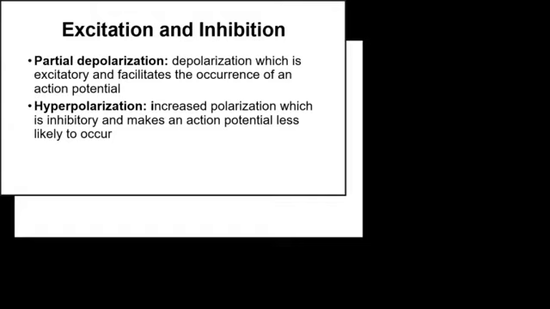This is depolarization going towards the positive. The charge is increasing, so it's excitatory. And it can facilitate the occurrence of an action potential because it's moving that charge closer to our threshold, which would trigger an action potential.